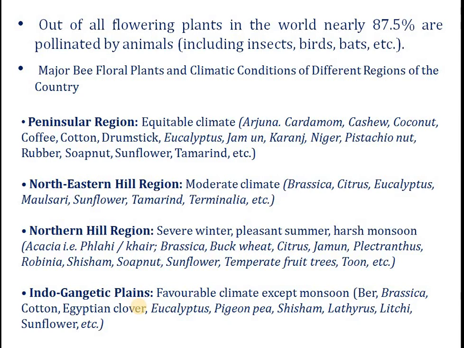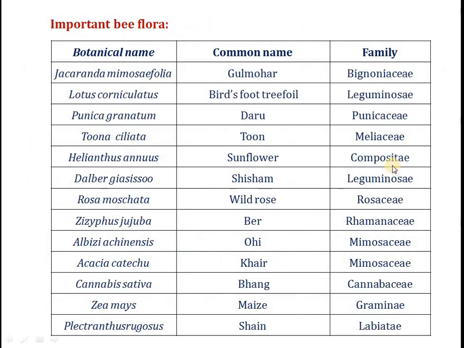Some common bee flora are ber, brassica, cotton, Egyptian clover, pigeon pea, sesame, lychee and sunflower. These are the various sources of bee flora. Next, we have tabulated the plants that are importantly known as bee flora, along with their botanical names.